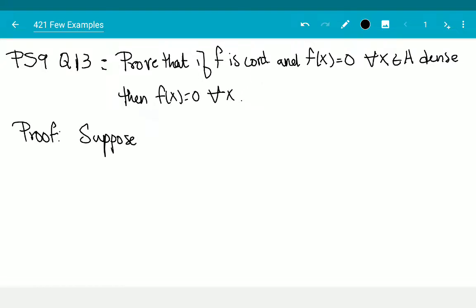Suppose there exists x1 such that f of x1 is not equal to 0.